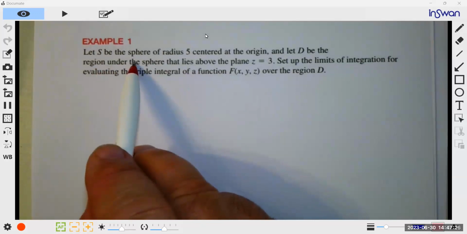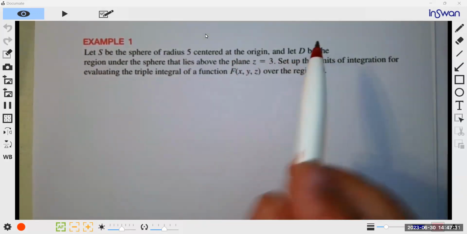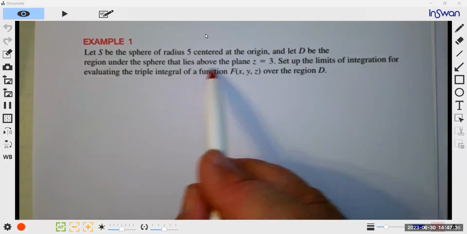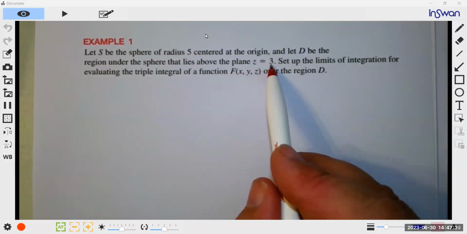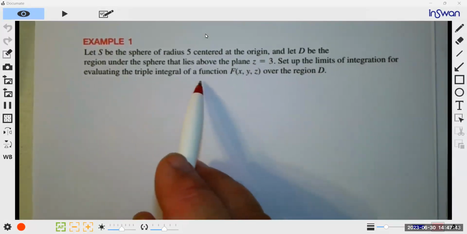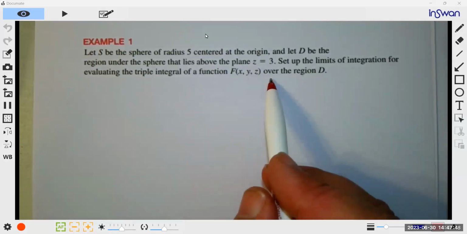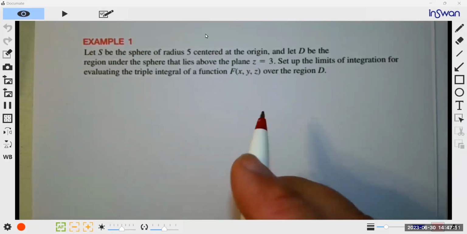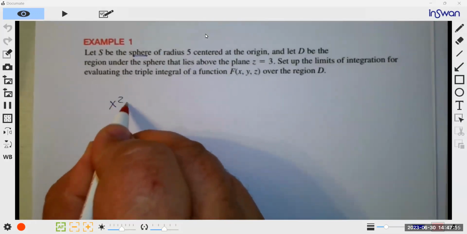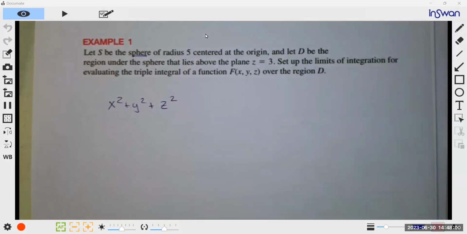All right, let S be the sphere of radius 5, centered at the origin, and let D be the region under the sphere that lies above the plane Z equals 3. Set up the limits of integration for evaluation of the triple integral of a function f x, y, z over the region D. So it's a sphere, which means we use that formula.